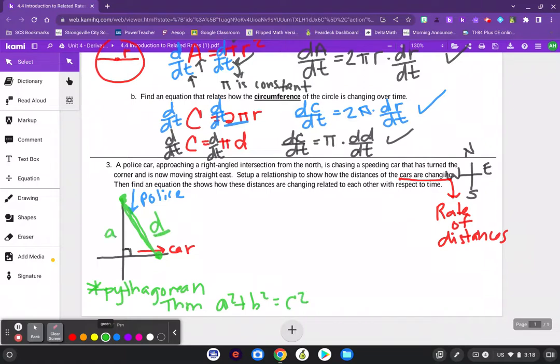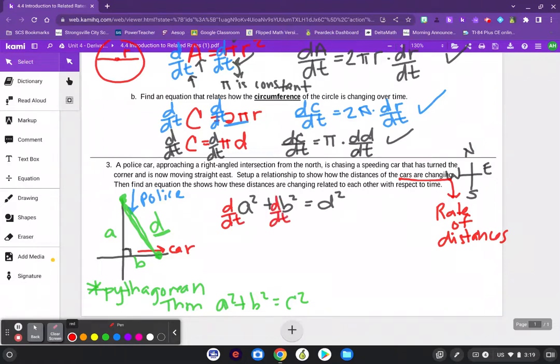So I'll call this a and I'll call this b. It does not matter which one you call which, okay? Sometimes you're told what to call things, but I can just call it those since I wasn't told. And so to find that distance, I would have to do a squared plus b squared equals d squared for my distances. And I want to find how those distances are changing, rate of change, with respect to time.